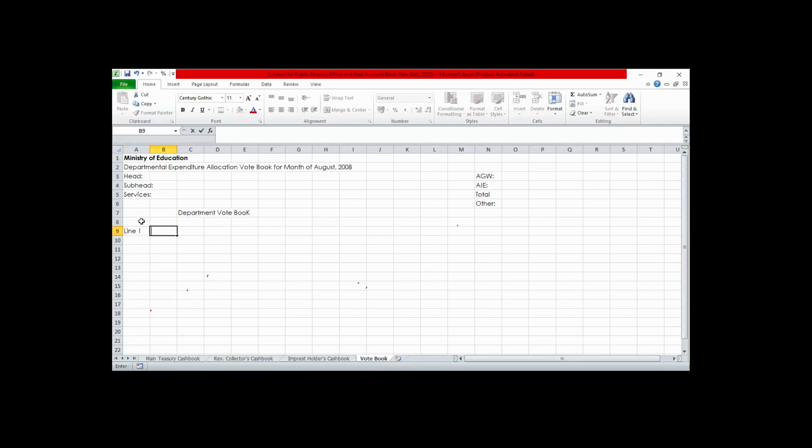The 2 is what? 2, 3, to 15. Then under each here, we have the date. After date, what do we also have? Particulars.